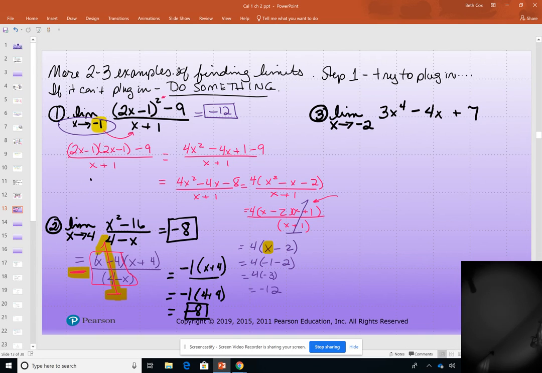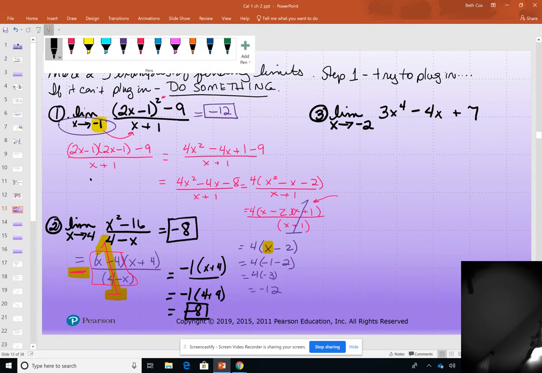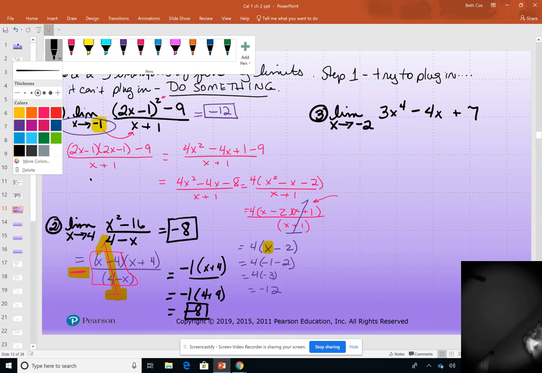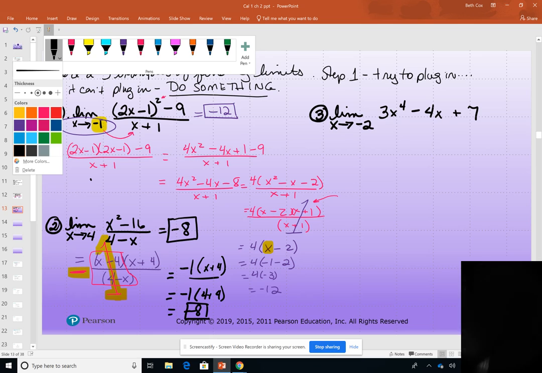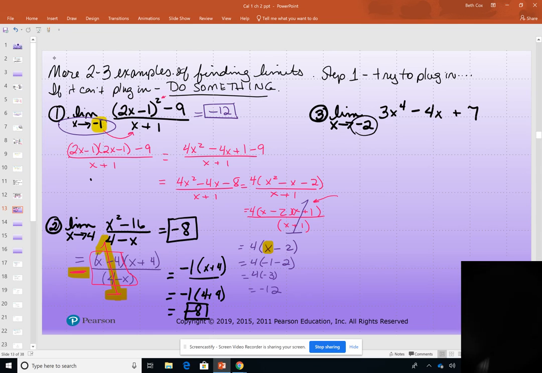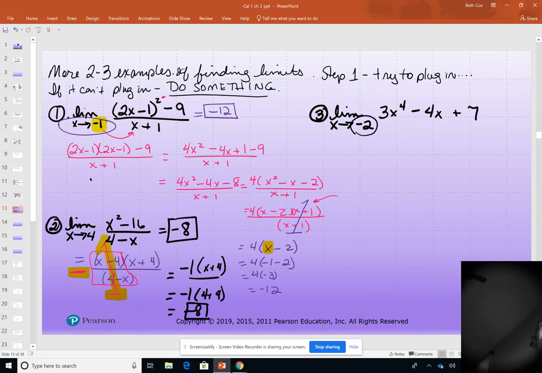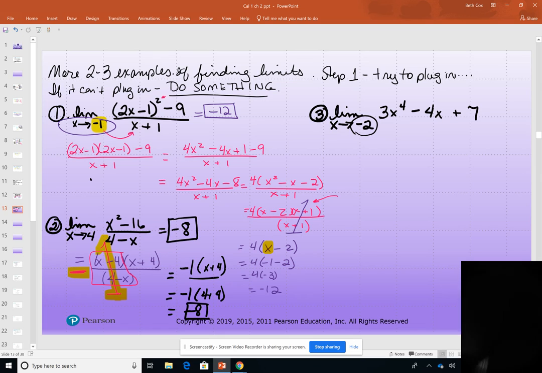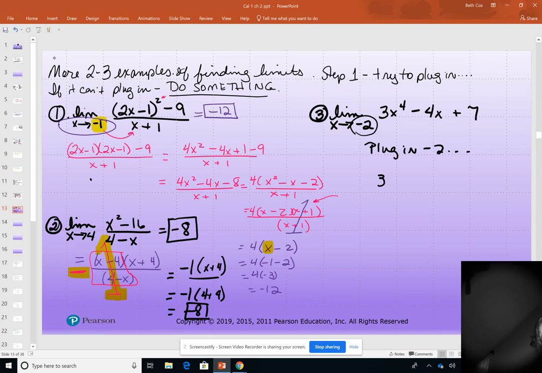All right, so now this third one, again, I'm just trying to see what I can do here. Can I plug in negative 2? Of course, this is a polynomial. You can always plug in. So for this one, I'm just going to plug in. That's all you've got to do.